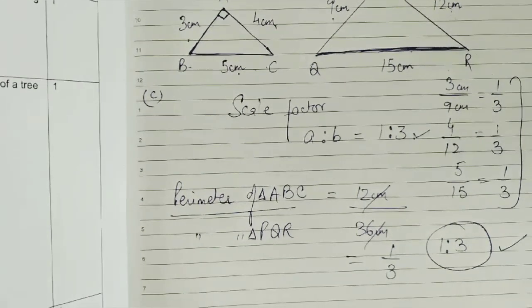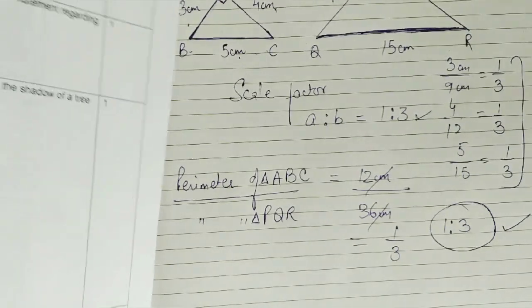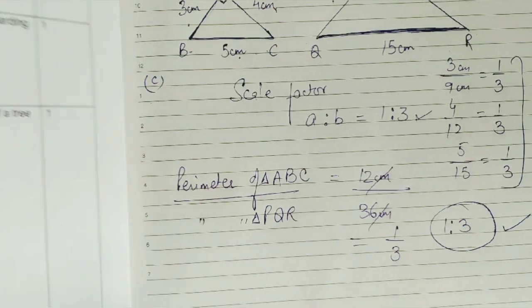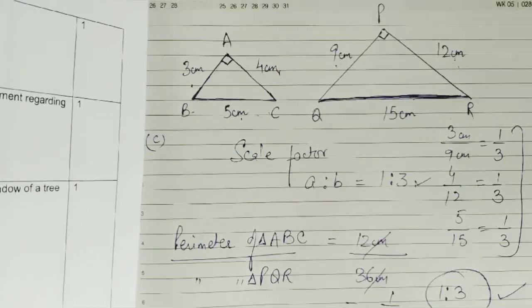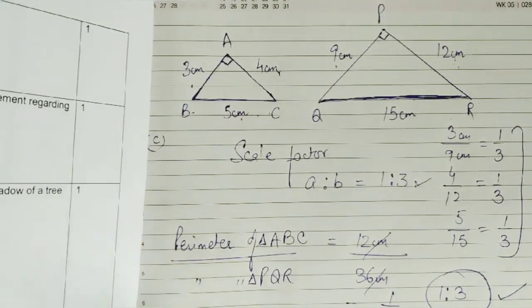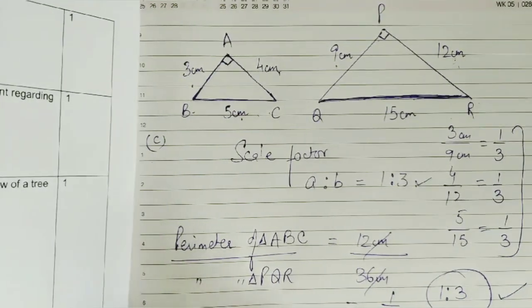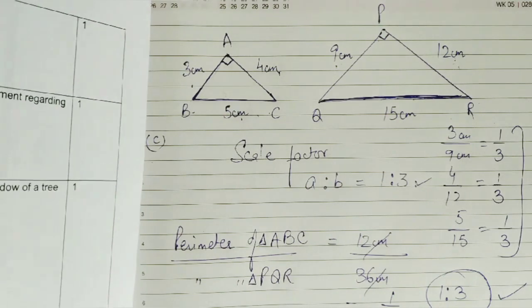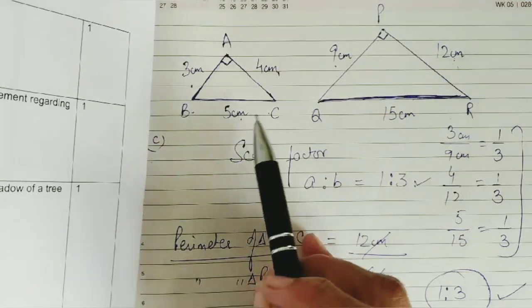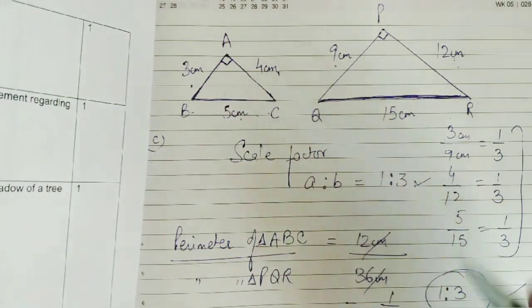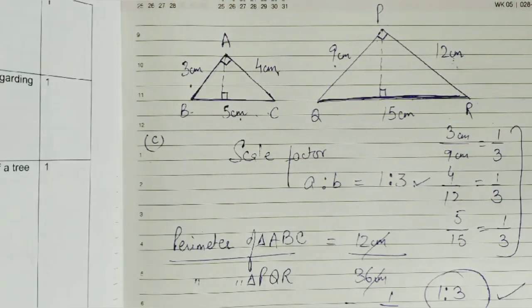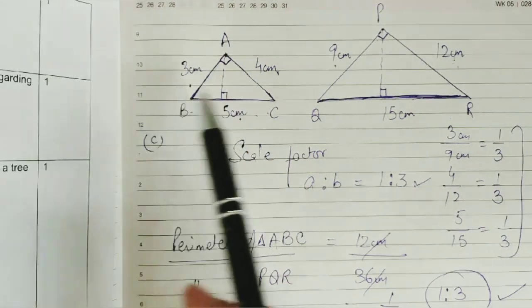Let's see altitudes. Will the altitudes be of the same ratio? For that, let's take the area of the triangle. Let me draw the altitude in this case. Now observe triangle ABC.